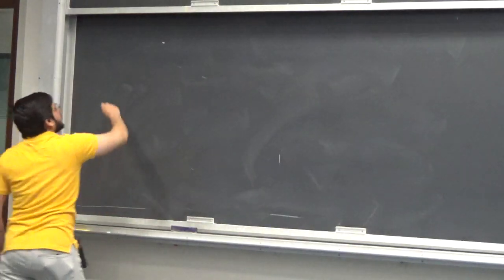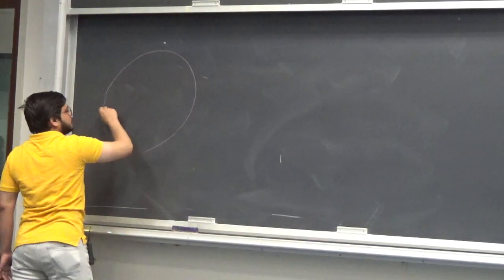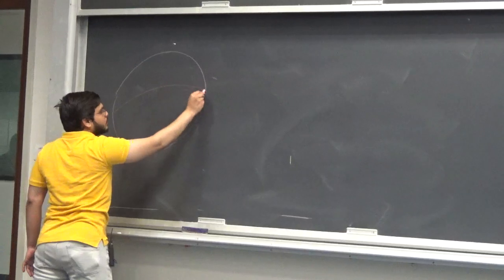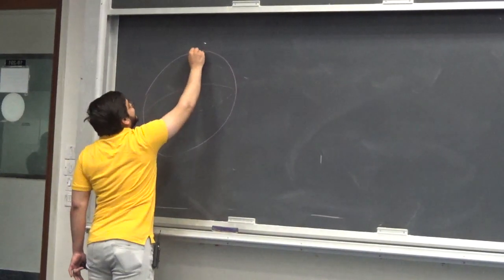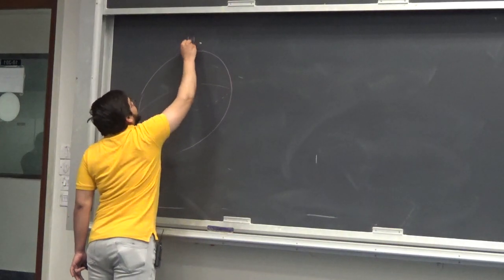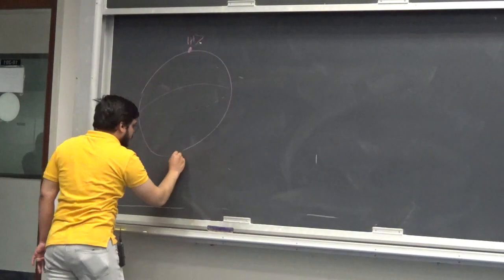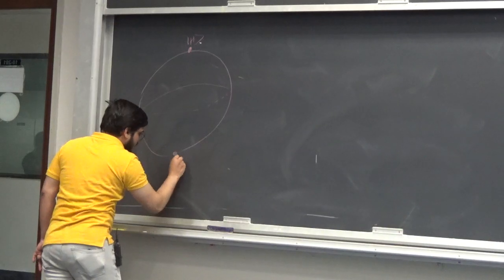Alright, so on the Bloch sphere, not a very cute Bloch sphere, but that's it. Here, if my state is |H>, the orthogonal state corresponding to it will be |V>.